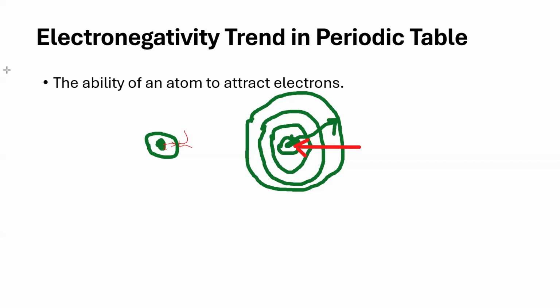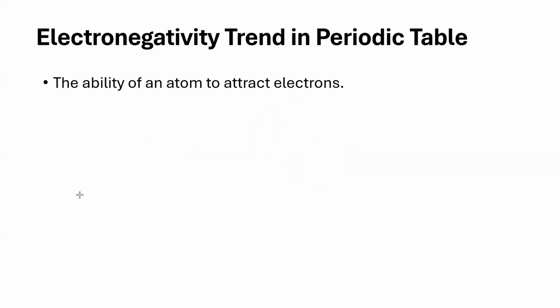Depending on that, we can expect what the trend will be. So in the direction where the atoms become smaller, we expect that the electronegativity will become higher.